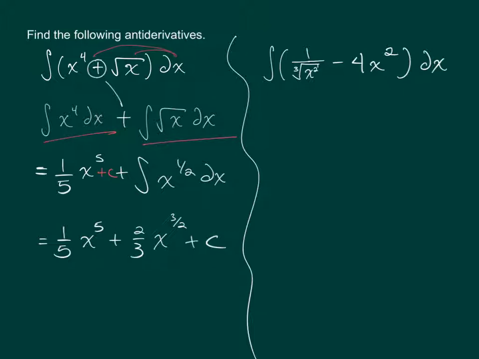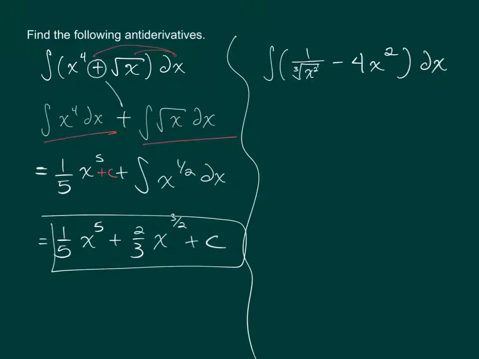But if you add them together, you will just be left with one constant. So when you're going through and finding an antiderivative with more than one term, there will only ever be one constant. And this is your answer for the antiderivative of x to the fourth plus the square root of x.